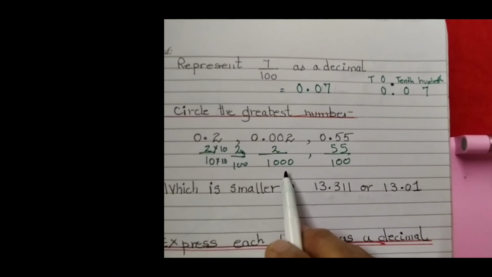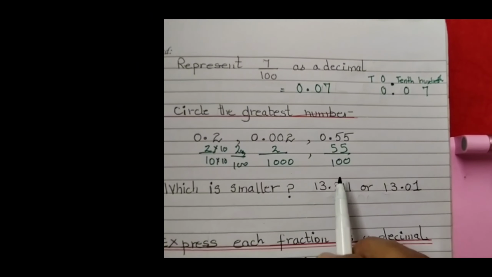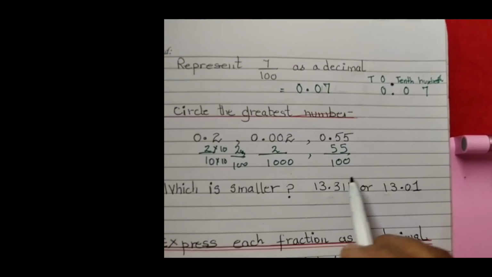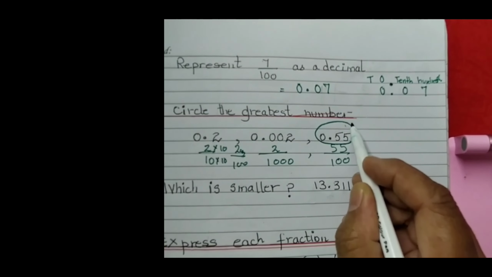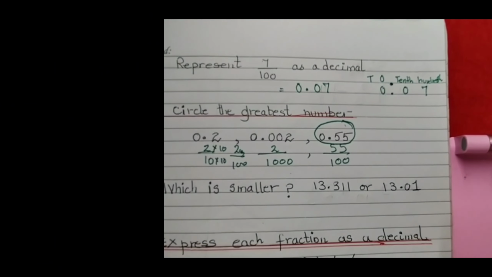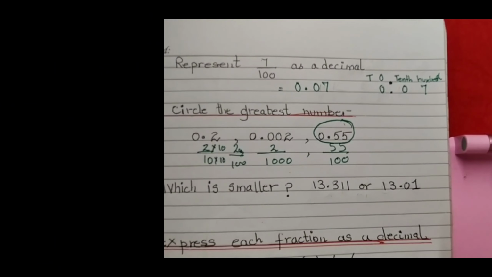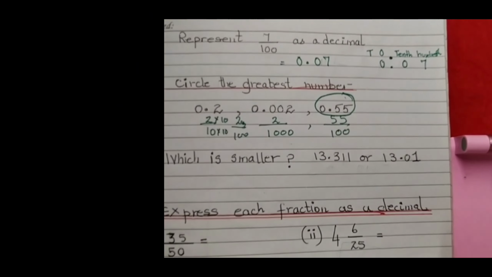And 2 upon 1000 is of course the least of all. It's the smallest figure here. And 55 upon 100 is the biggest of all. Why? Because it's standing on 100 with such a big score. So I'm going to circle the 0.55 here. 55 upon 100 is the biggest number here.